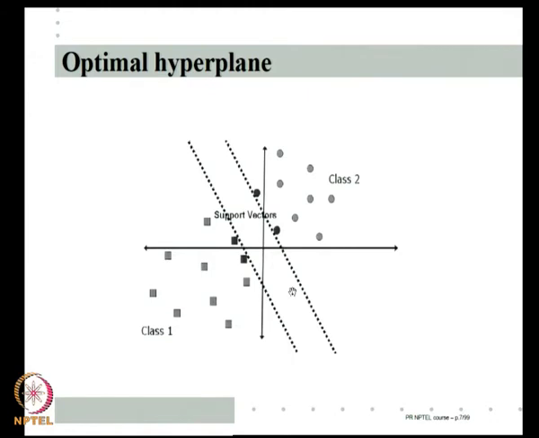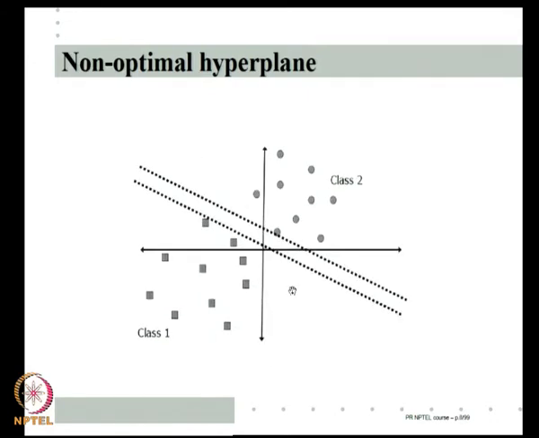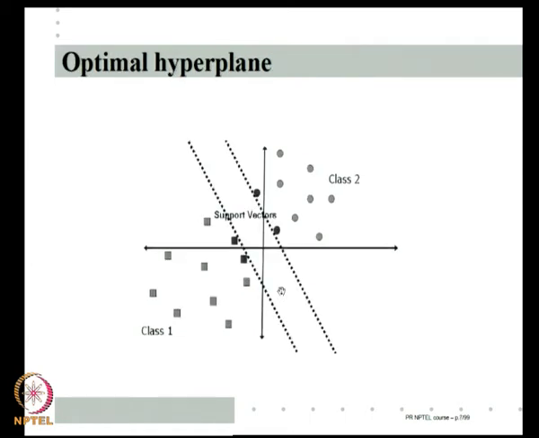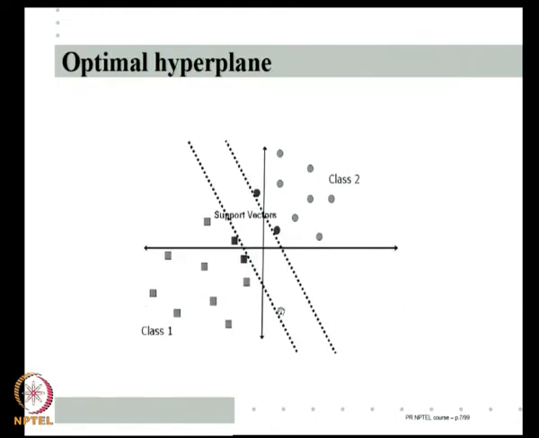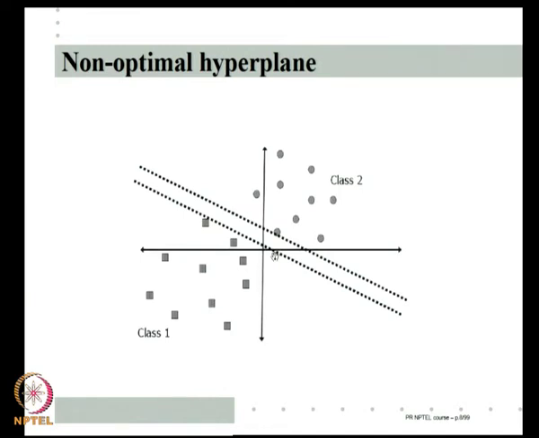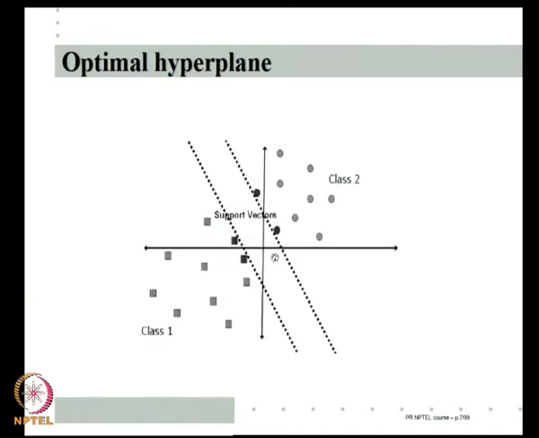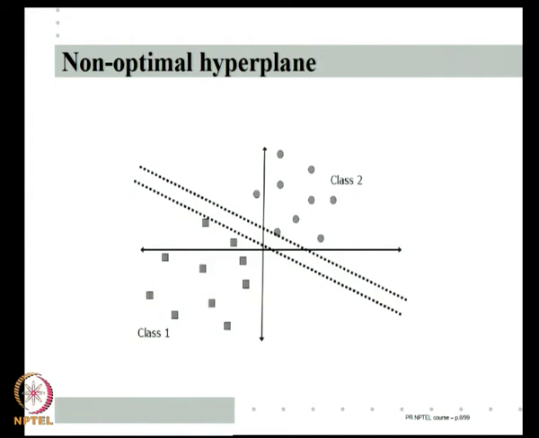So, what the optimal hyperplane is doing is finding that hyperplane which has the highest margin of separation. That is what my optimization problem is. I do not want a separating hyperplane like this, but I want a separating hyperplane like that, a separating hyperplane for which the closest pattern is more distance away than this. So, this is a non-optimal hyperplane, whereas that is an optimal hyperplane.